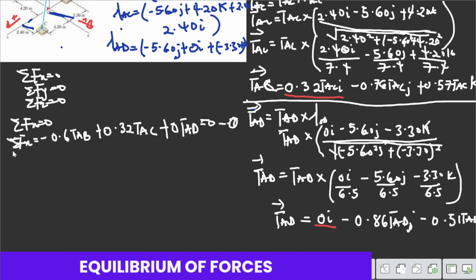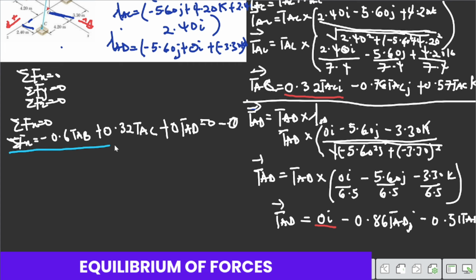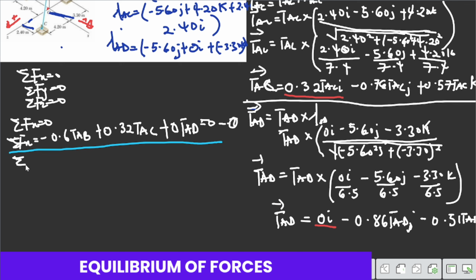Then after we are done with this, now we are going to the second one. So the second one, how do we go? We are going to look at the sum of the forces in the y direction to also be equal to 0. So first of all, let's start with this. The sum of the forces at Fy is equal to 0.